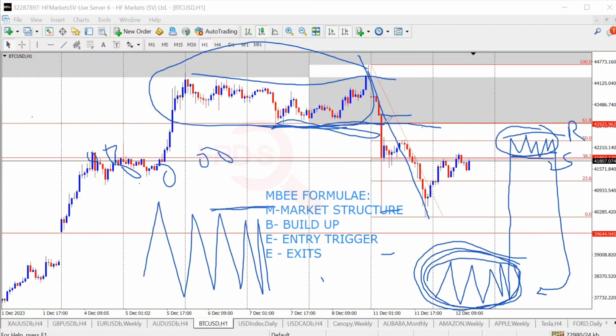Now, I want you to think of build up as the market storing potential energy for the move that is going to happen later. Anytime you see a consolidating market like this, remember what I told you during introduction and growth phase. That is the phase whereby investors are pulling their money together. This person puts money, the pressure is being increased. Sellers are putting money, buyers are putting money.